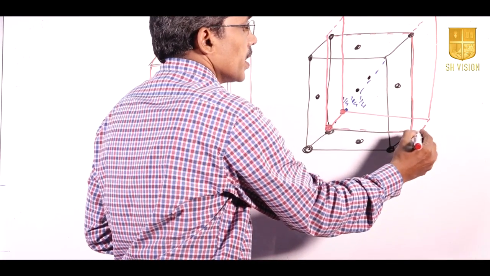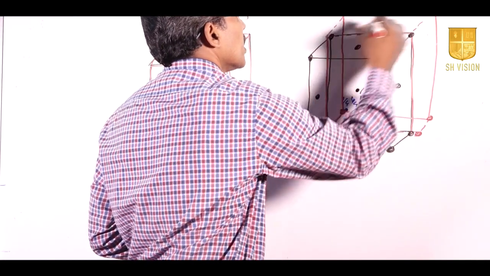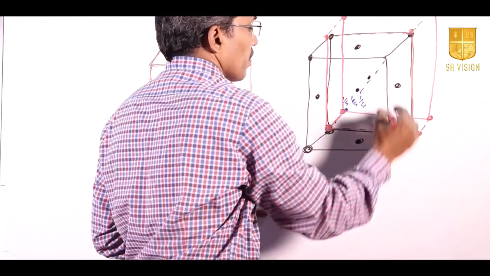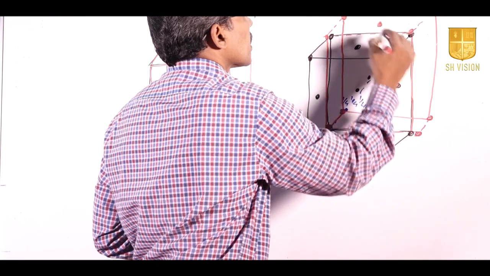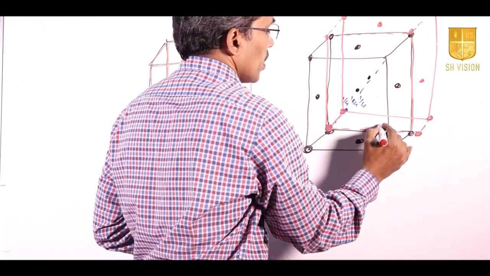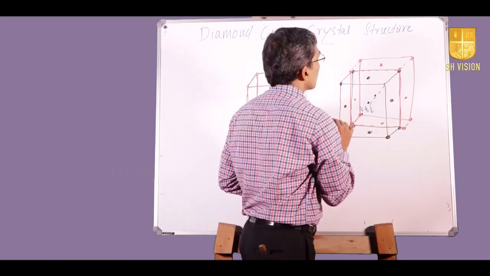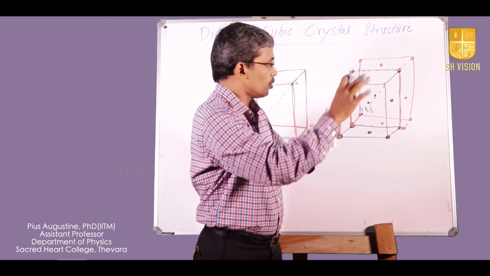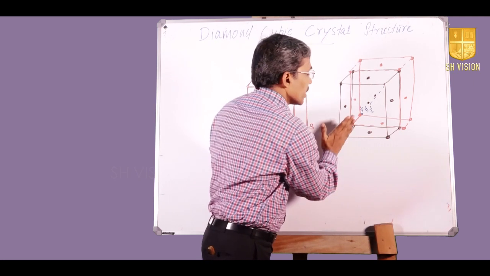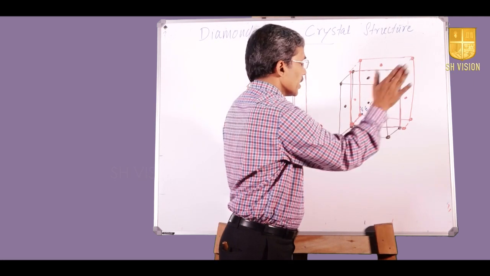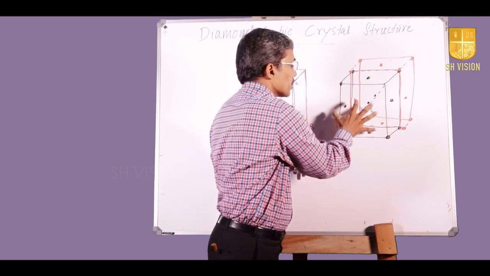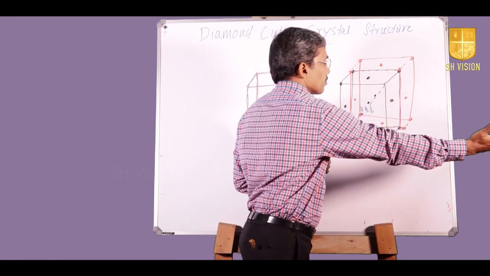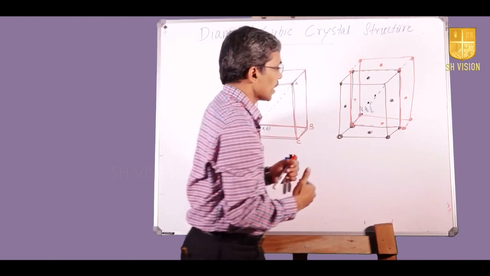There will be atoms at the corners, and also on the face centers, back and front. When this cube is moved along this body diagonal and comes forward, the front face comes out of this black cube. Similarly, this right face is also going out of the black cube. The top face is also going out of the black cube.